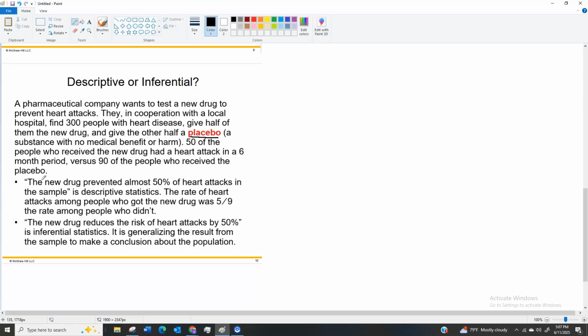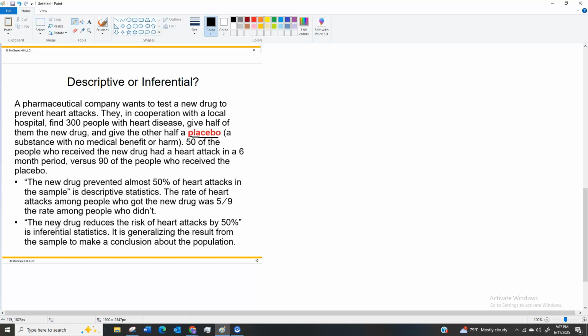So you could say the new drug prevented almost 50% of heart attacks in the sample. That would be a descriptive statistic. They're not saying why, they're just saying this is what happened. The rate of heart attacks among people who got the new drug was 5/9 as much as the rate among people who didn't.